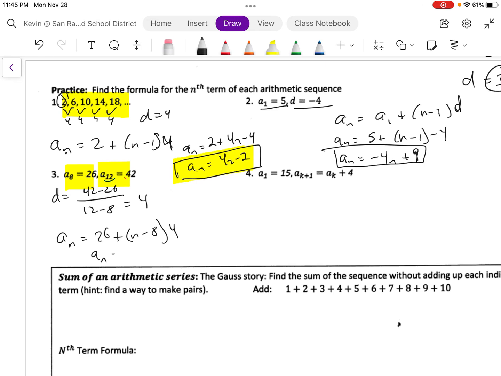So we say a sub n equals 26 plus 4n minus 32. Again, we're going to simplify that. a sub n equals 4n minus 6.